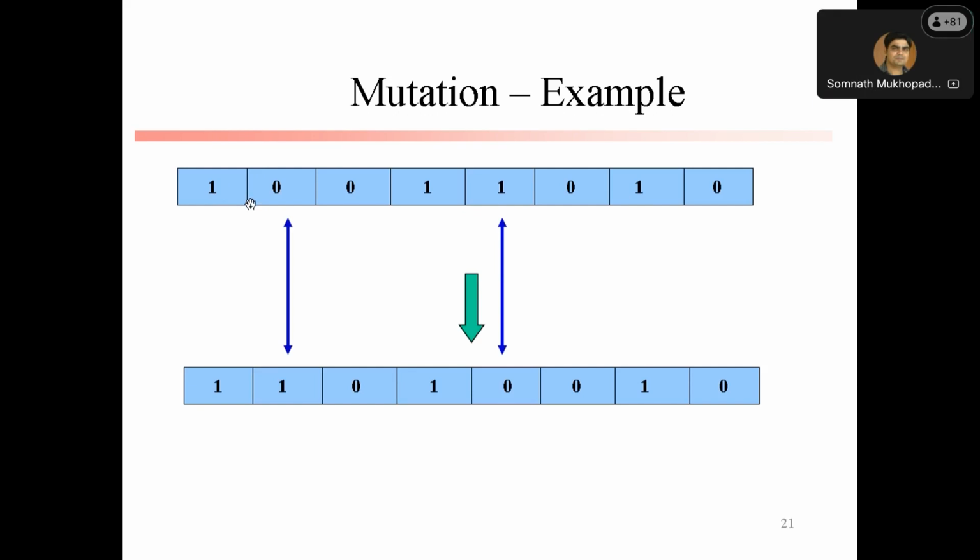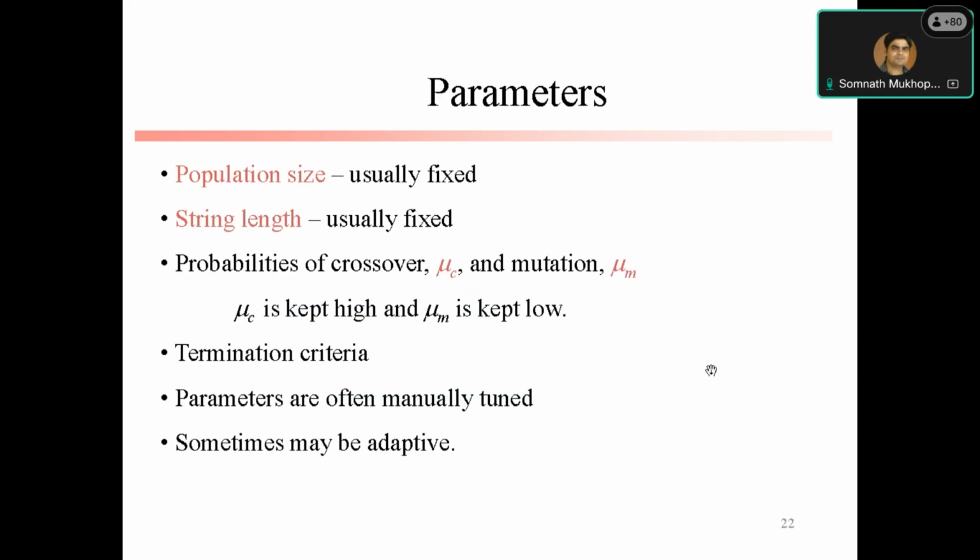Now, if we generate one random number between 0 to 1, and the random number is between 0.0 and 0.1, then we perform mutation. Otherwise, from 0.1 to 1, we do not perform mutation. This way, for every single bit we check the probability and decide whether to perform mutation or not in this algorithm.